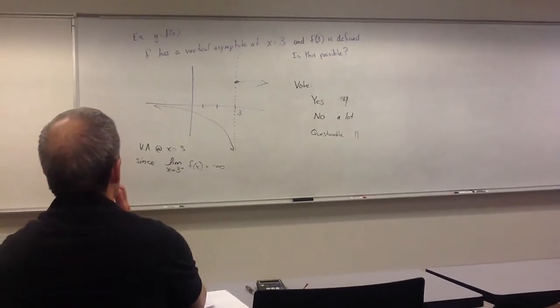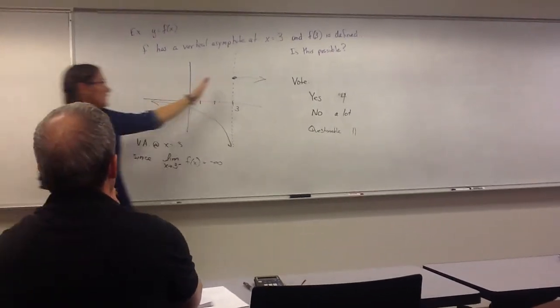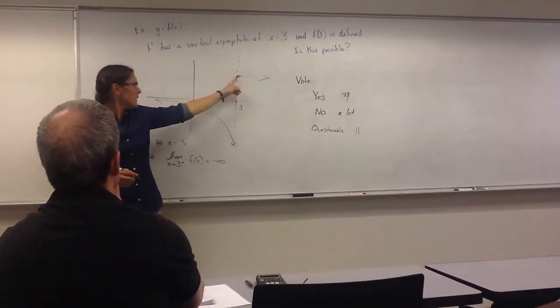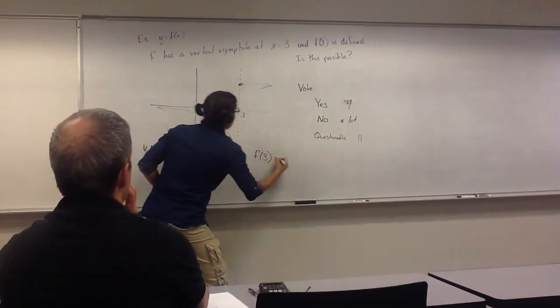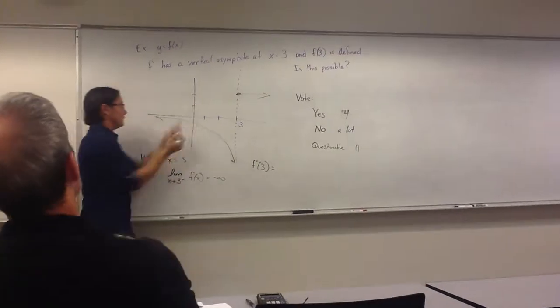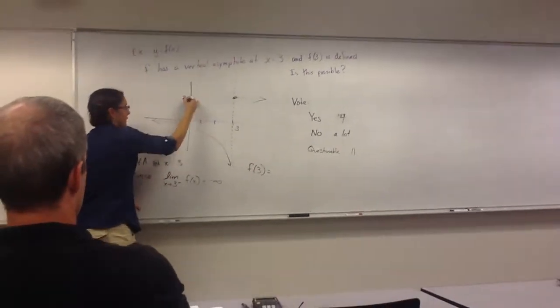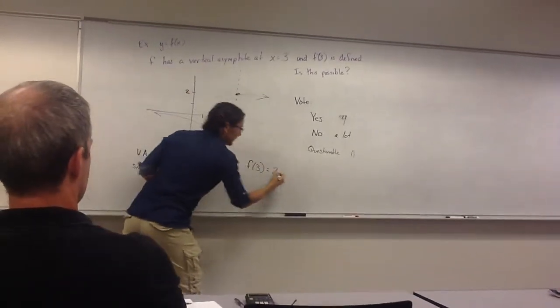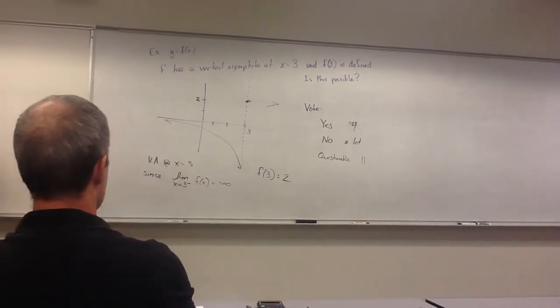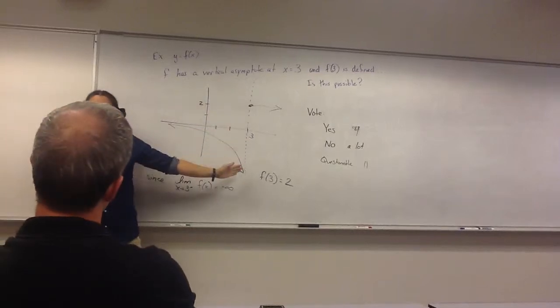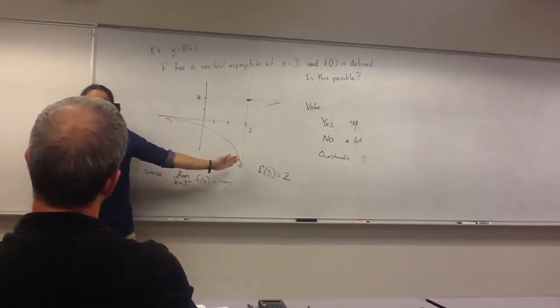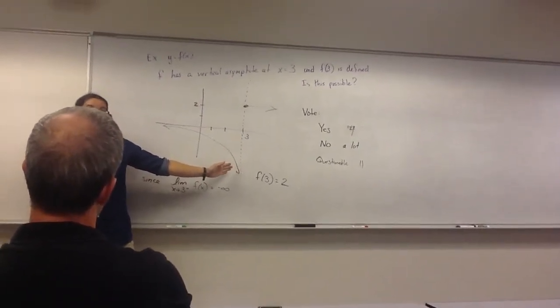And then the other portion, this other half of our function: f of 3 is in fact defined. If I draw some axes on here, f of 3 is equal to 2. And so we do have a function with a vertical asymptote at x equal to 3, but that function is in fact defined at x equal to 3 as well.